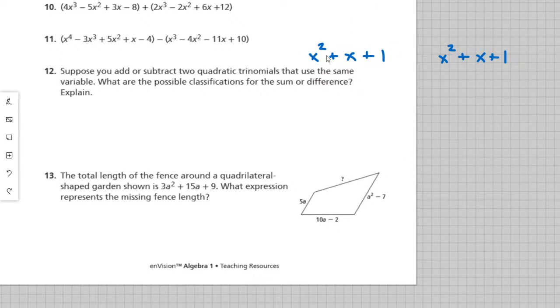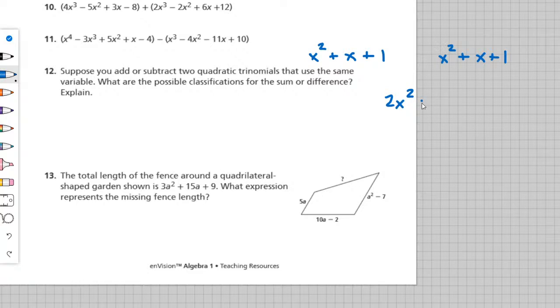So if it was the same thing, and we were to add those two together, x squared plus x squared would give us 2x squared, x plus x would give us 2x, and then 1 plus 1 would just be 2.